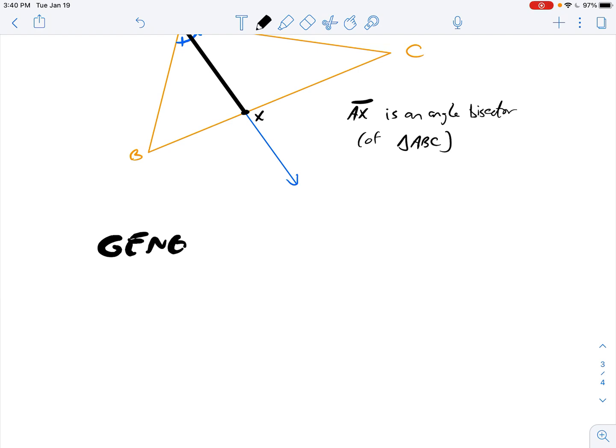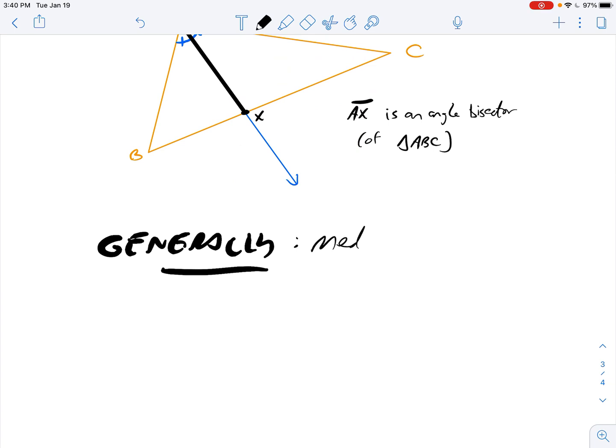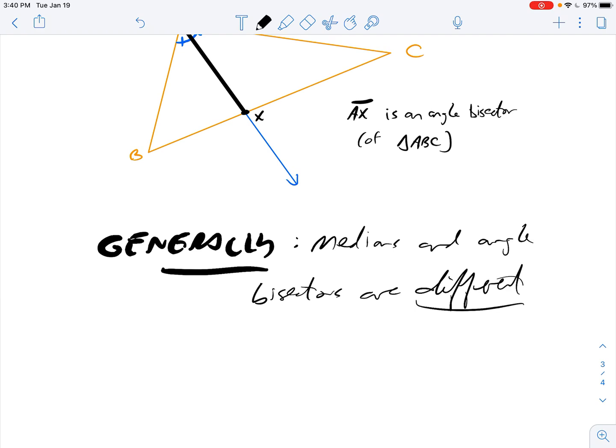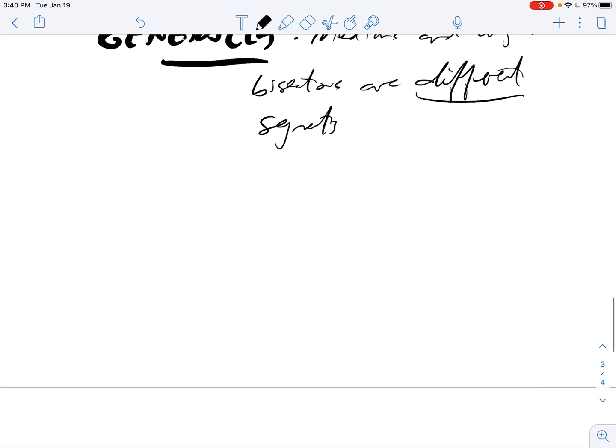Generally speaking, medians and angle bisectors are different segments. I'll draw a picture to make that pretty clear.